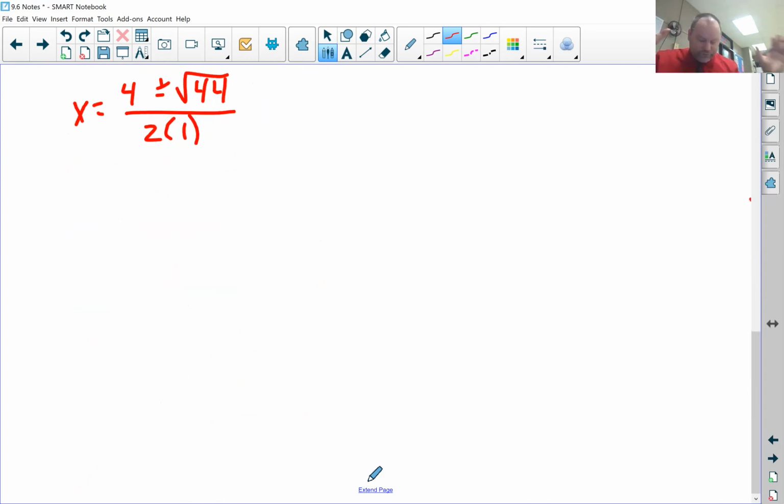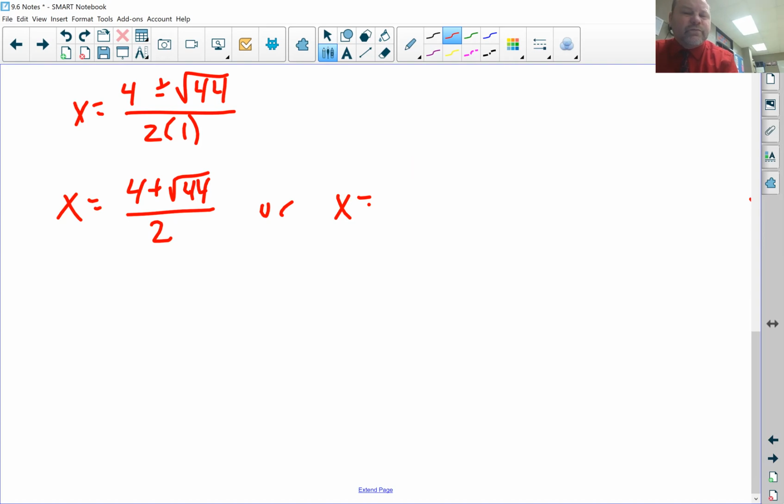Now we don't need to simplify the square root. We'll just use our calculator to estimate our answer. So that means x is equal to 4 plus the square root of 44 divided by 2, because 2 times 1 is 2, or x is equal to 4 minus the square root of 44 divided by 2.